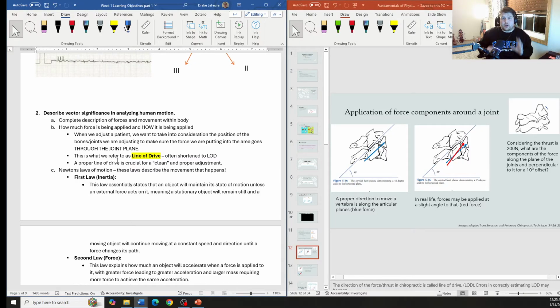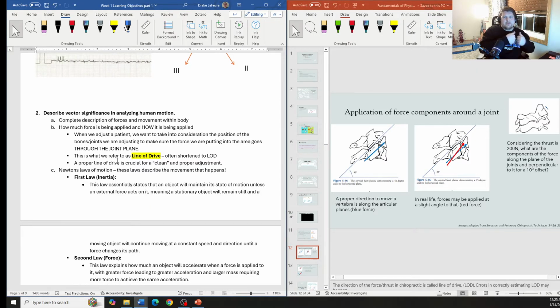With chiropractic, we call this the line of drive, the direction that you are pushing your force through. And this is critical for us as chiropractors to understand, hey, when I'm introducing a magnitude and a direction into this specific spot, I want to make sure that it's complementing the natural structure of the vertebrae or of the joint. I don't want to be fighting it.